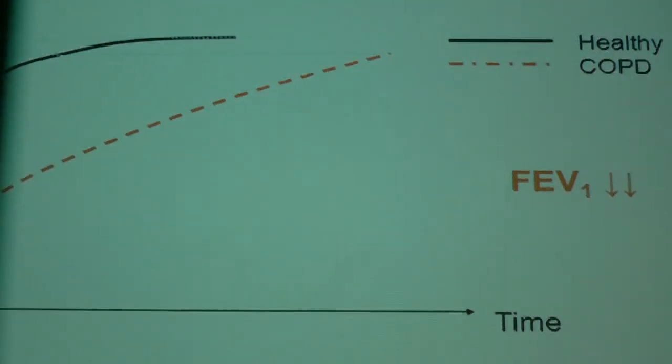So here I have on the time axis, on the x-axis, marked 1 second, and you can see that in a healthy person, and I hope you and I are both healthy, we can expire almost all of the air in our lungs in the first second. And that's not true in patients with COPD.